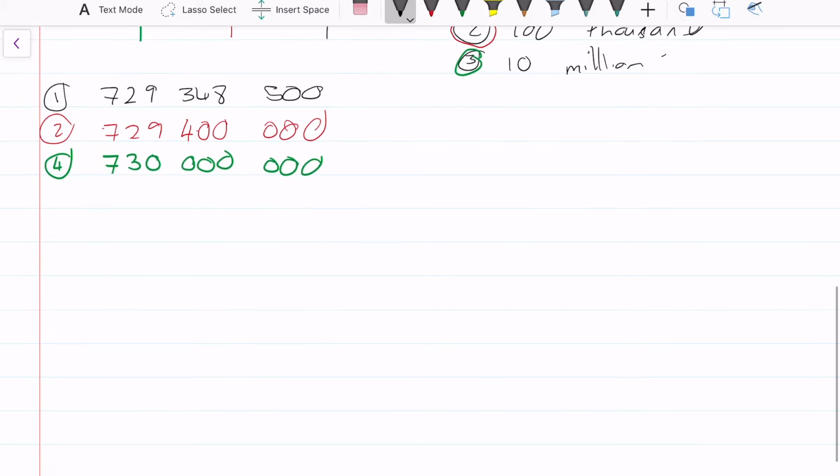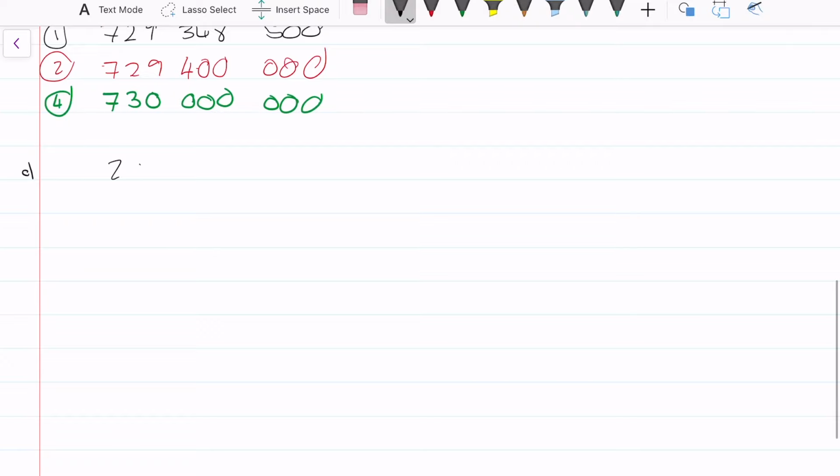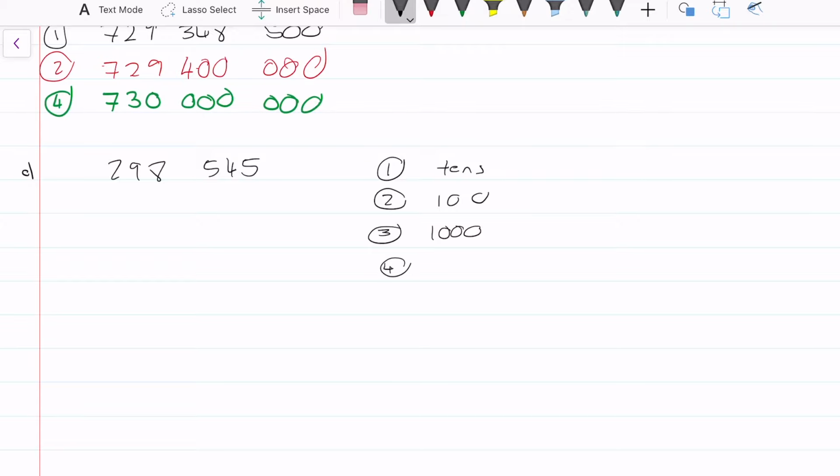Okay, and let's look at a final example C. Let's look first at the nearest 10, second to the nearest 100, third to the nearest 1,000, fourth to the nearest 100,000.